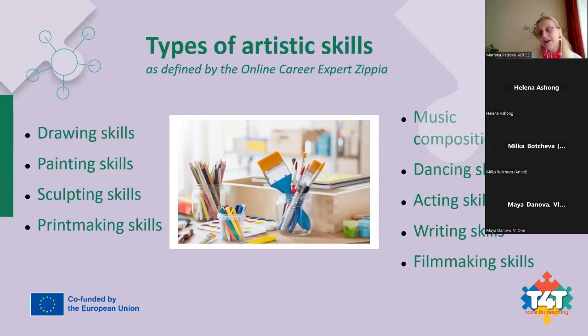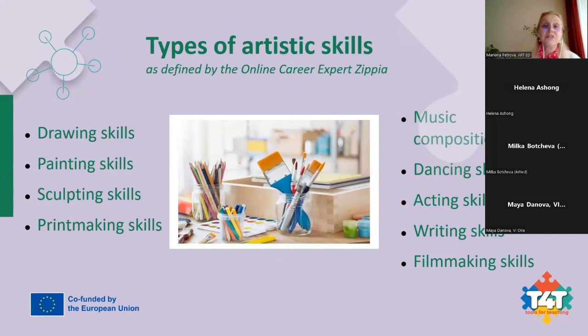So when we are thinking about creativity and when we say artistic things or artistic exercise, we usually think about some drawing or some painting. In some cases, we are also thinking about sculpturing or printmaking.